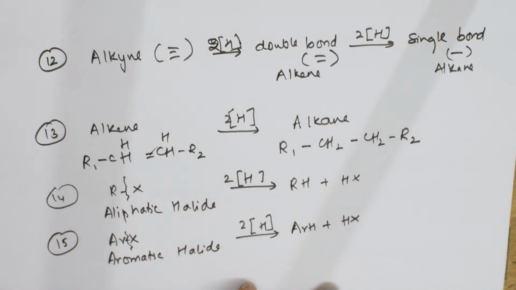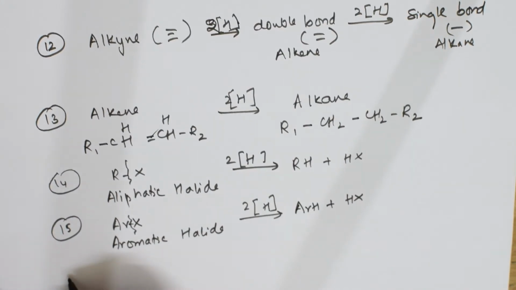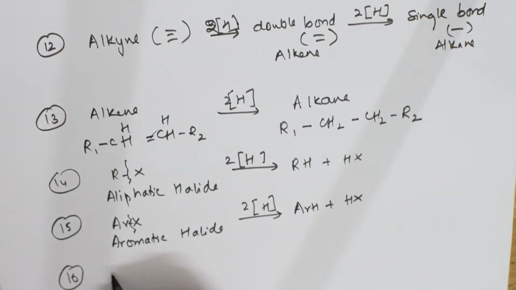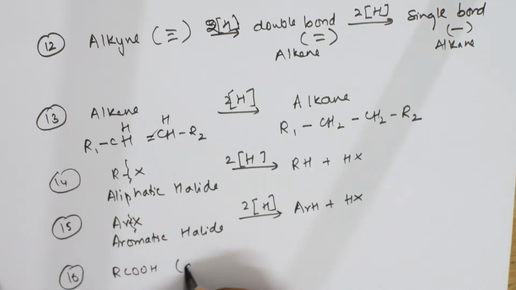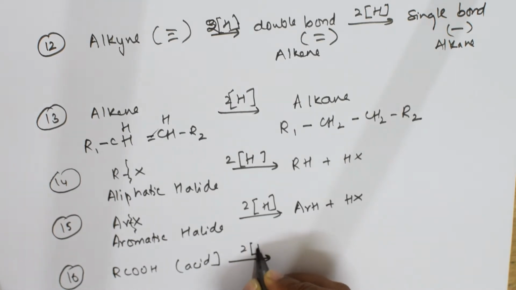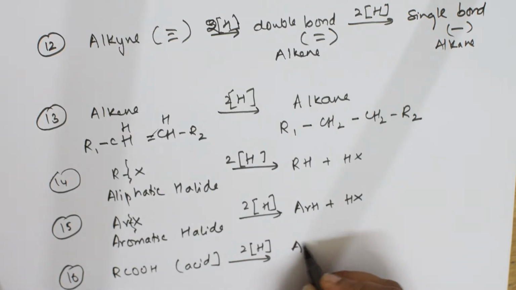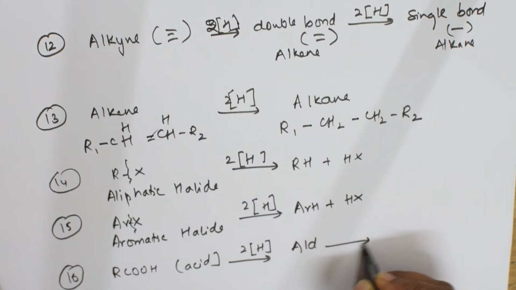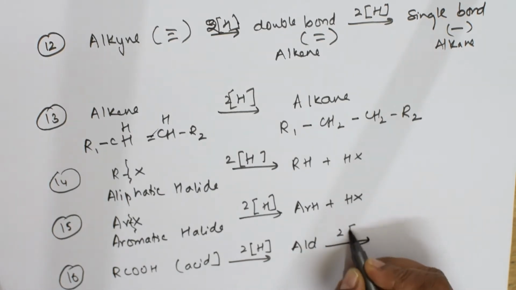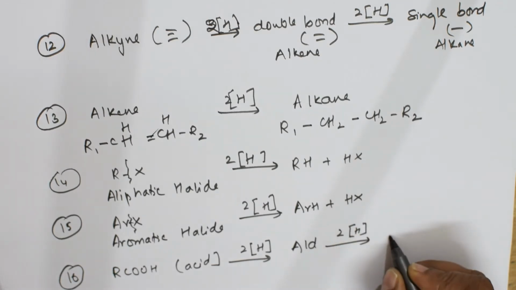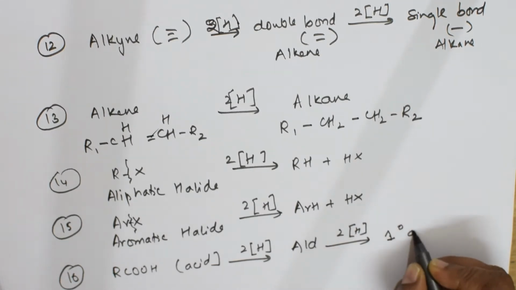Clear? Yeah. Suppose I have to reduce a carboxylic compound, RCOOH, meaning there is an acid. Remember, always, acids on reduction get converted to aldehydes. Aldehydes on further reduction are going to get converted to primary alcohols.